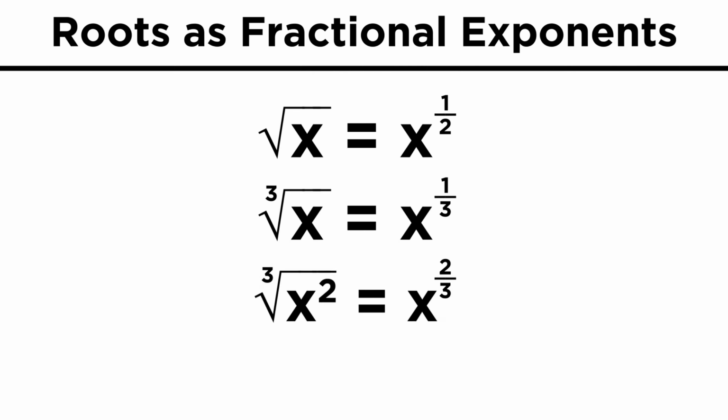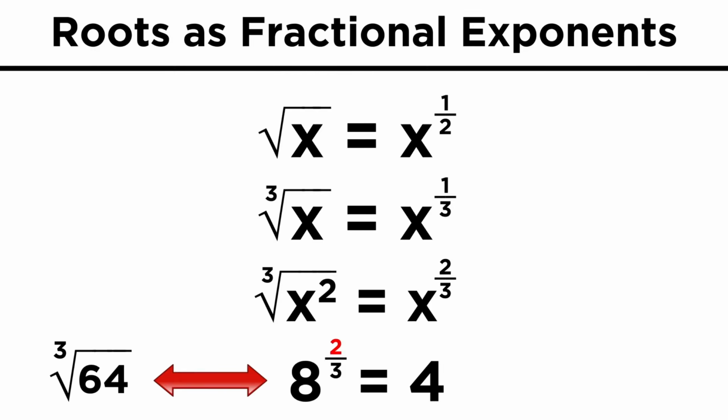We can also combine two different operations into one fraction. Raising something to the 2/3 power means squaring it and taking the cube root. So 8 to the 2/3 power equals 4, which we can verify by either squaring first and then taking the cube root, or taking the cube root and then squaring.